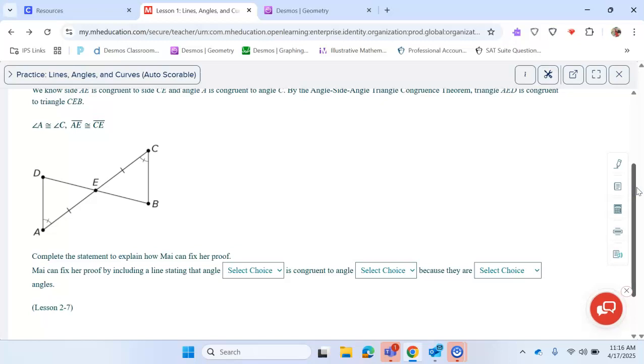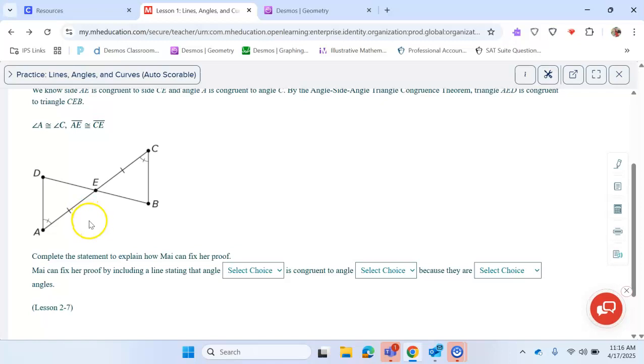Well, she said she was proving it by angle side angle, and she only said that one angle was congruent. You need another angle. So the vertical angles are congruent. So CEB or BEC, those are the same angle, is congruent to DEA or AED.